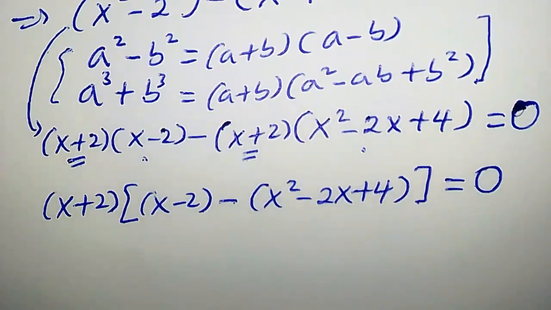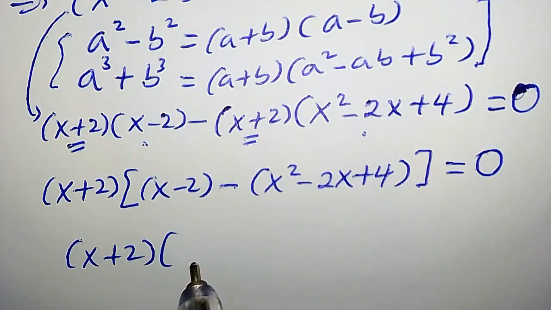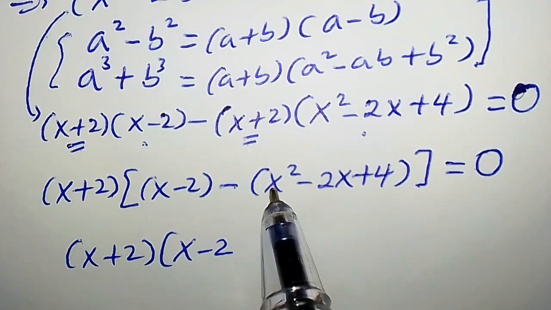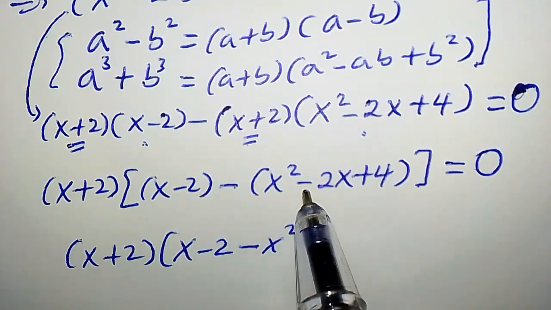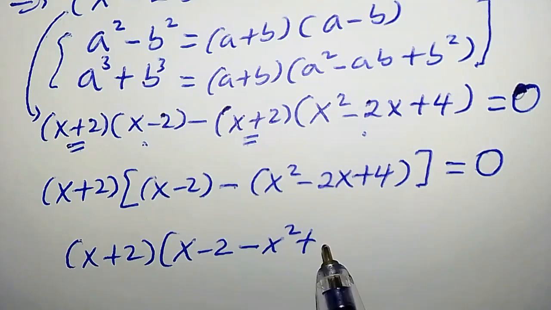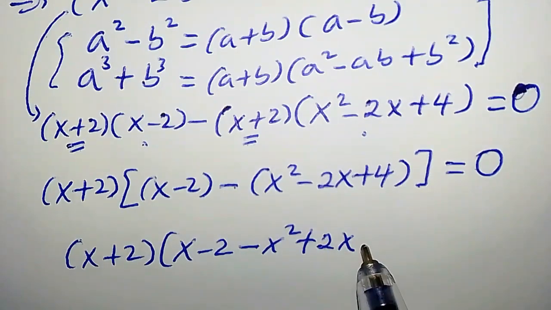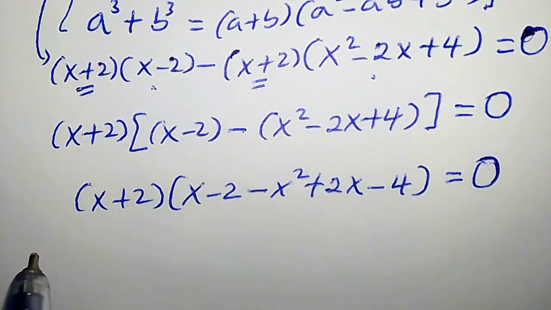Let's continue. x plus 2 times, let me just drop these brackets. So that will be x minus 2 minus times x squared, that is minus x squared, minus times minus 2x, we have plus 2x, minus times plus 4, that is negative 4. This equal to 0. Let's proceed further.